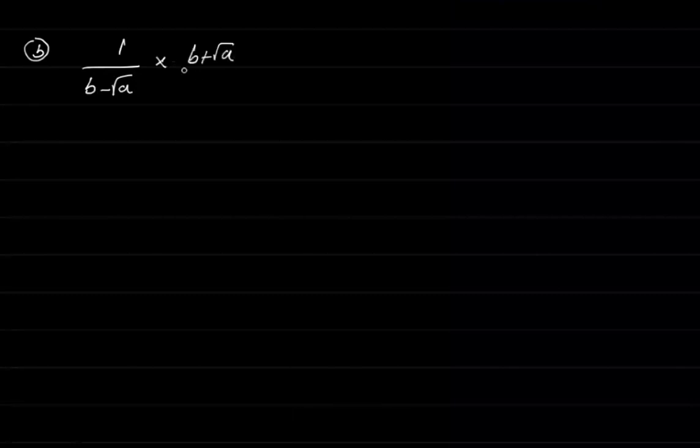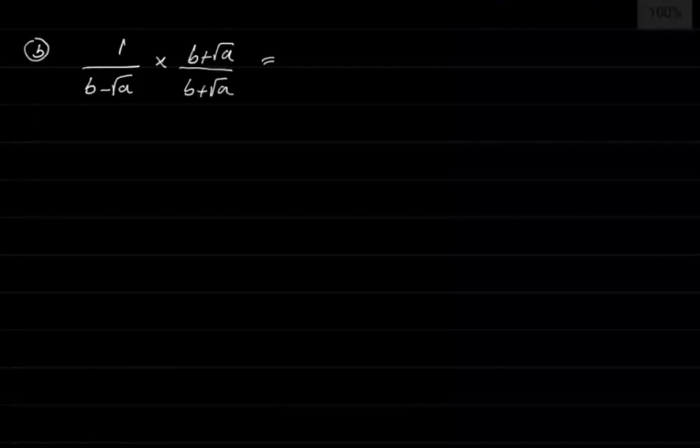Then the other one is when you have 1 over b minus root of a. Previously we had b plus root of a. This time we are going to change the sign and multiply by b plus root of a over b plus root of a.